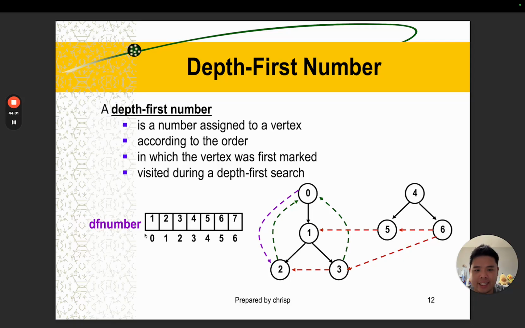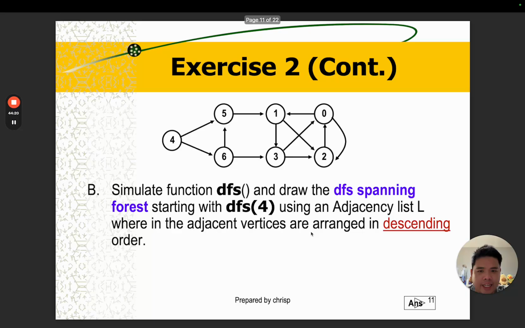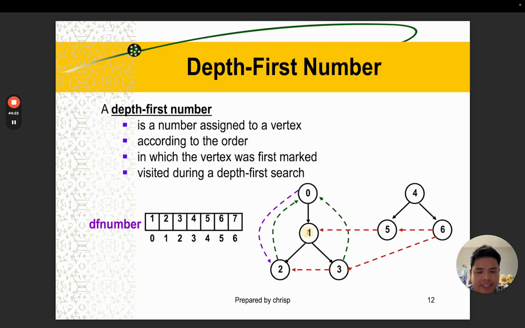In this case, I started at vertex 0, so I visited vertex 0 first. After that, I visited vertex 1, so vertex 1 was visited second. After vertex 1, I visited vertex 2, so vertex 2 was visited third.